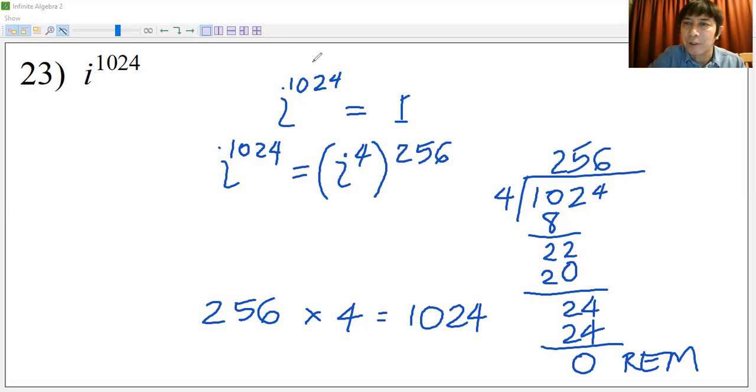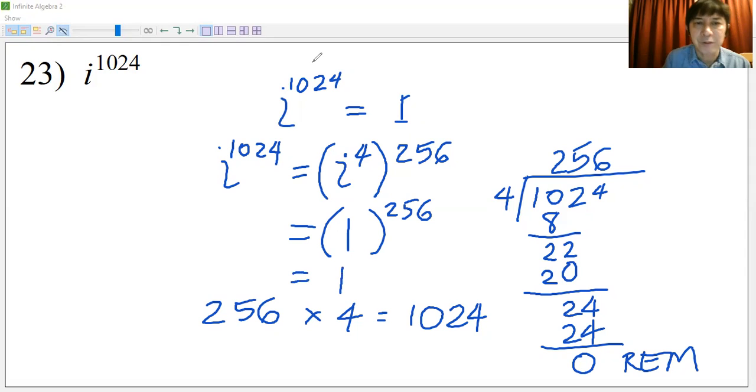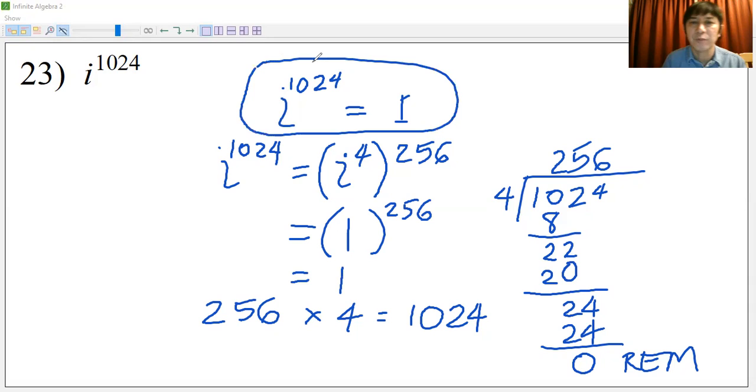But i to the 4 is positive 1, there. So positive 1 raised to 256, okay, your calculator will give you already a positive 1, there. So the answer here is, of course, positive 1, okay?